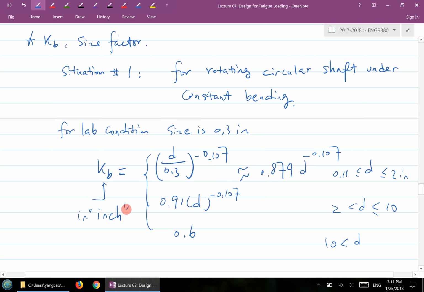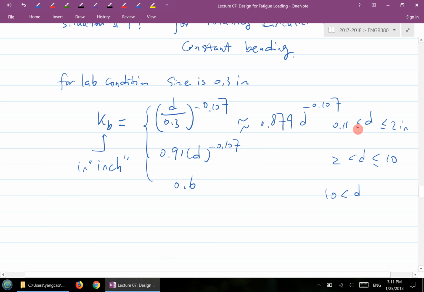And there is a separate formula if your dimensions are all given in millimeter. Of course, you can convert it, but there's another formula for millimeter. So look at the lecture notes for the formula for the millimeter unit.